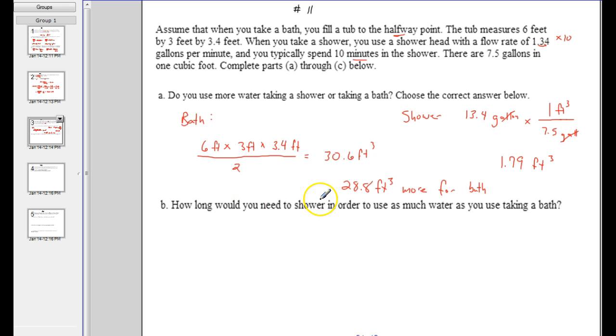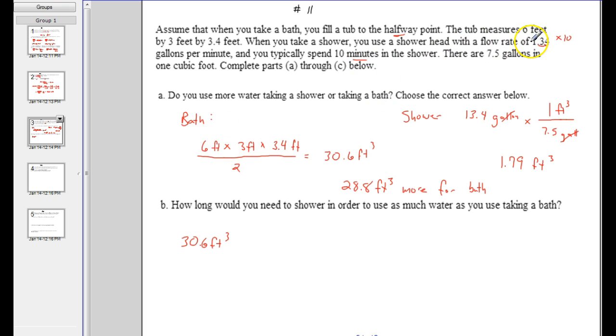Alright, then it says how long would you need to shower in order to use as much water as you use taking a bath? Well, again, here's our cubic feet. So 30.6 cubic feet is how many cubic feet we use to take a bath.